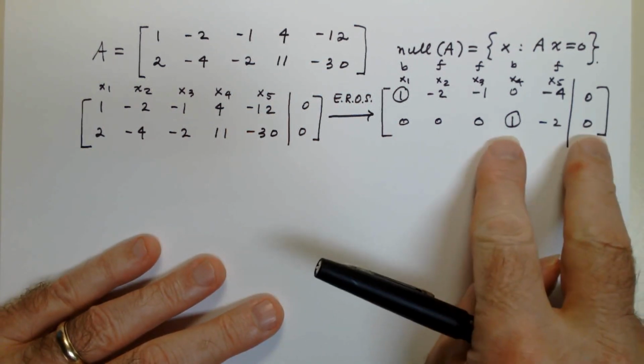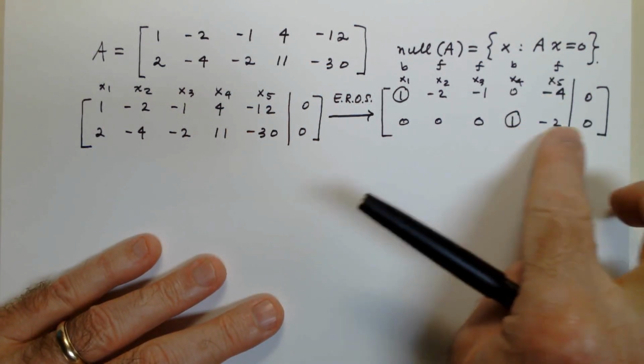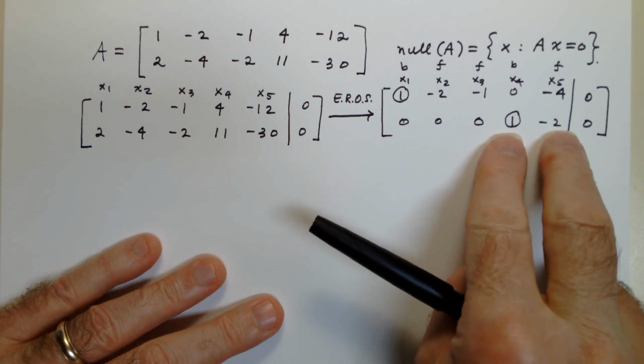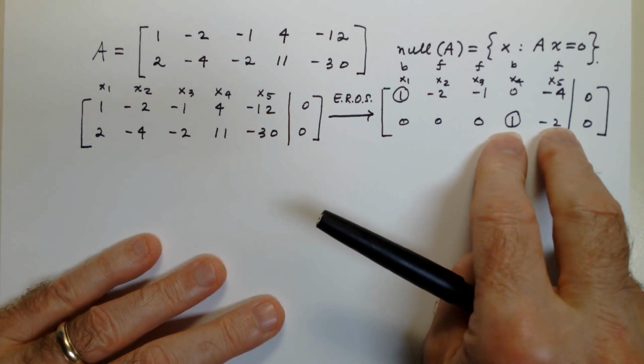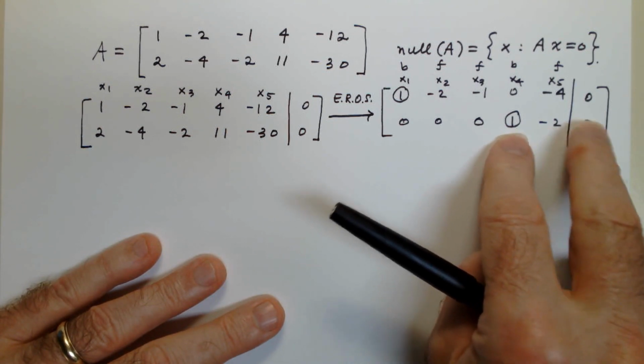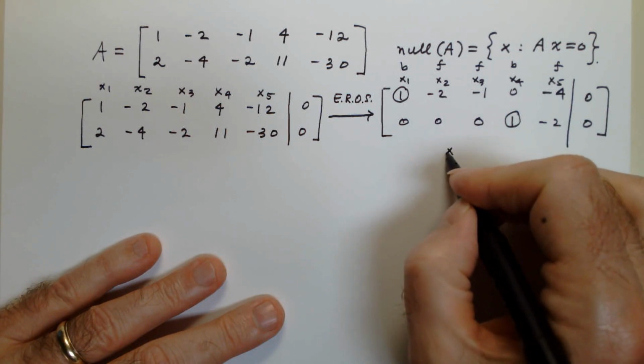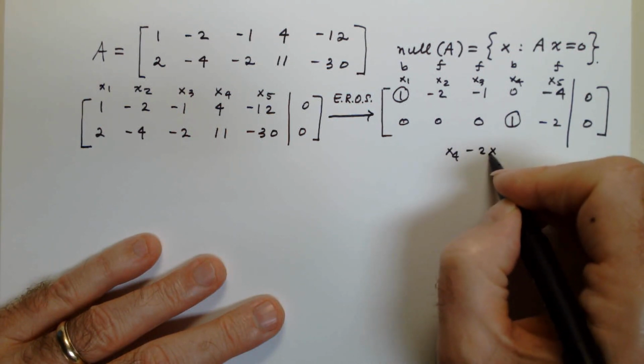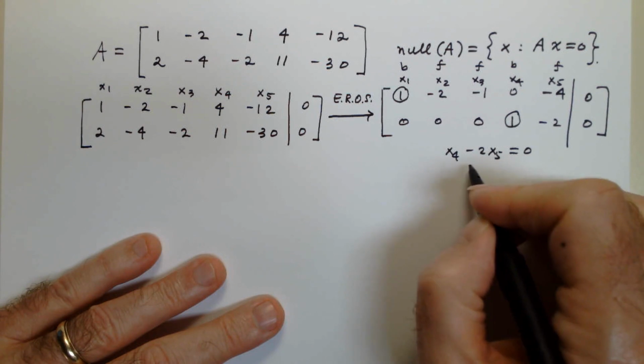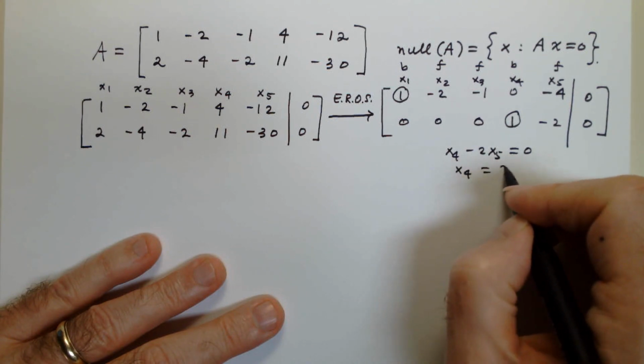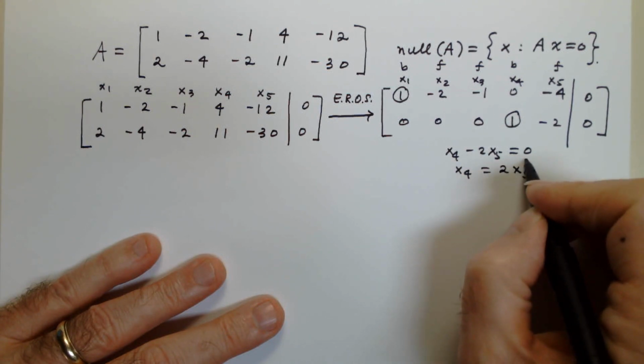Now, we can explore the relationships between these variables by examining these equations. So this equation tells me, for example, that x4 minus 2x5 is equal to 0, or x4 is equal to twice x5.